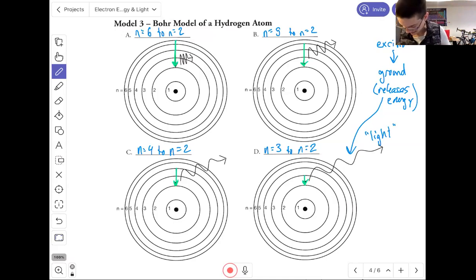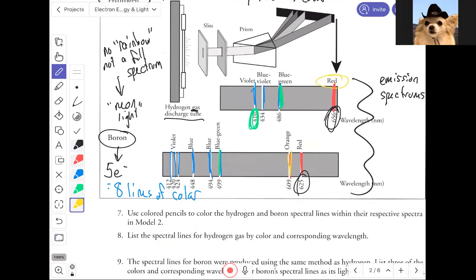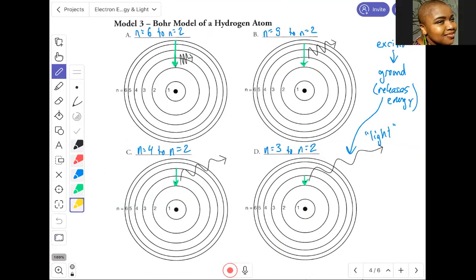So that being said, flipping back to here, our options of those 4 lines of color are red, blue-green, blue-violet, and violet. We need to identify which one of these is red, which is blue-green, which is blue-violet, and which is violet.